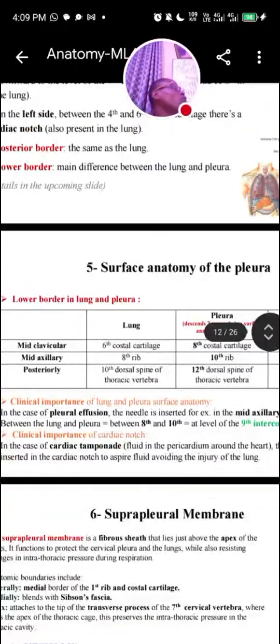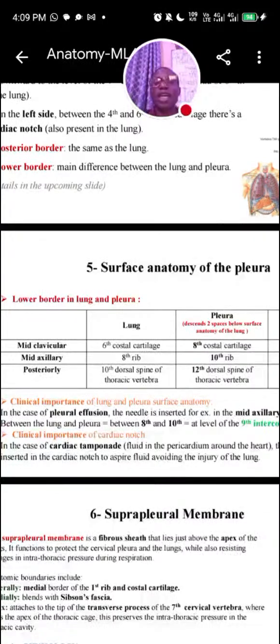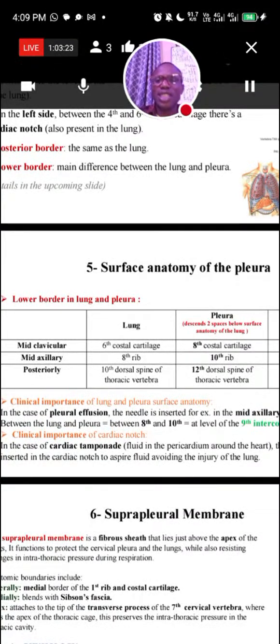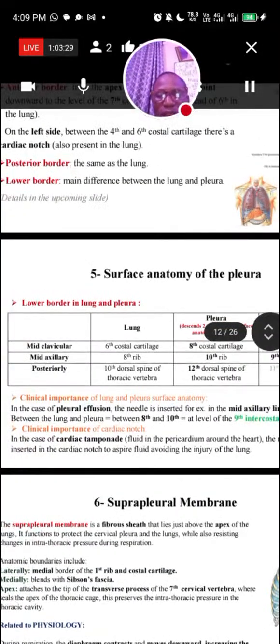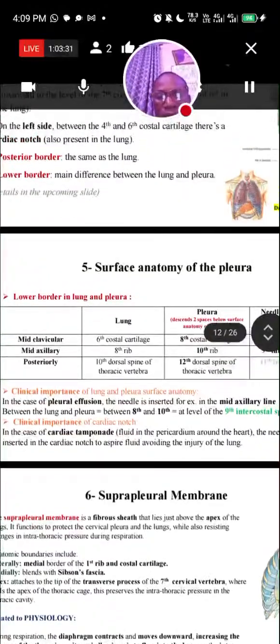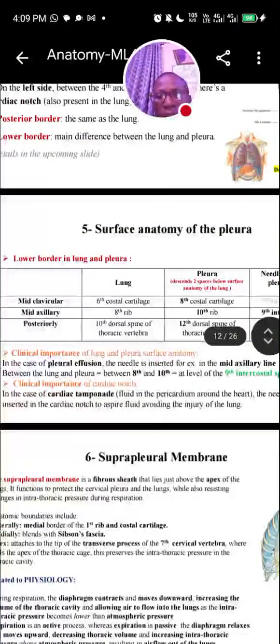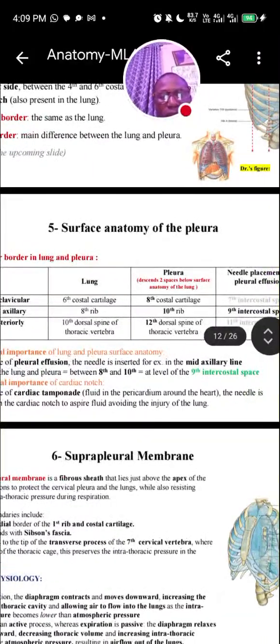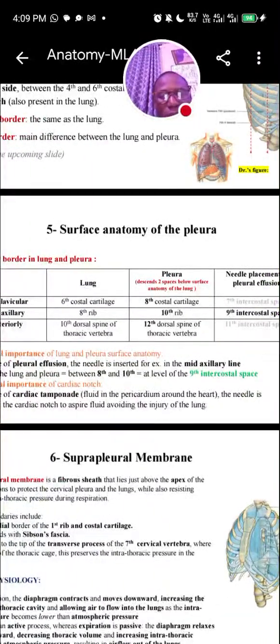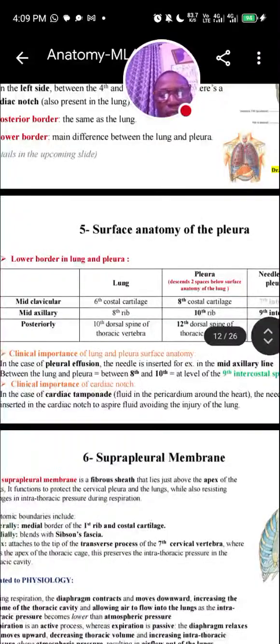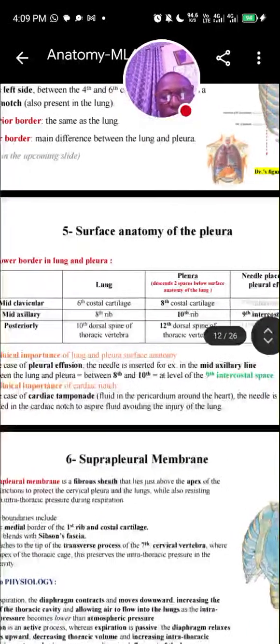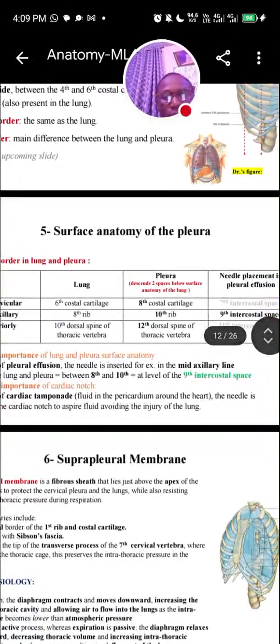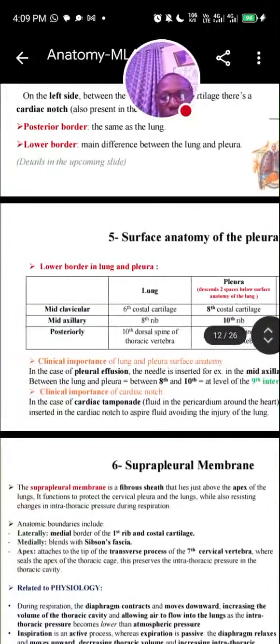If there is fluid in the pleural potential sac, you insert the needle there, mid-axillary line, which is between the 8th and 10th rib at the level of 9th intercostal space.